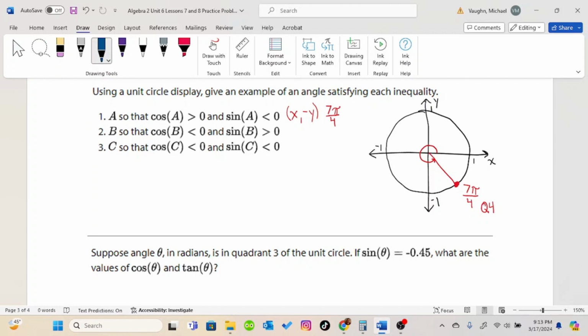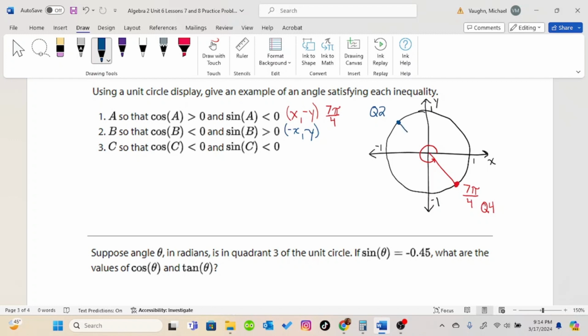Number 2, they want B to have a cosine that is less than 0. That means we need a negative x, and they want sine to be greater than 0. That means we need a positive y. If I want a negative x and a positive y, I'm in quadrant 2.